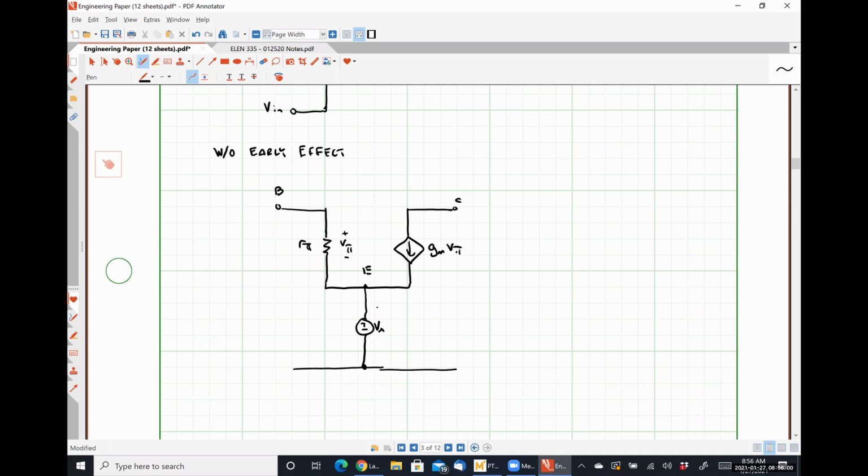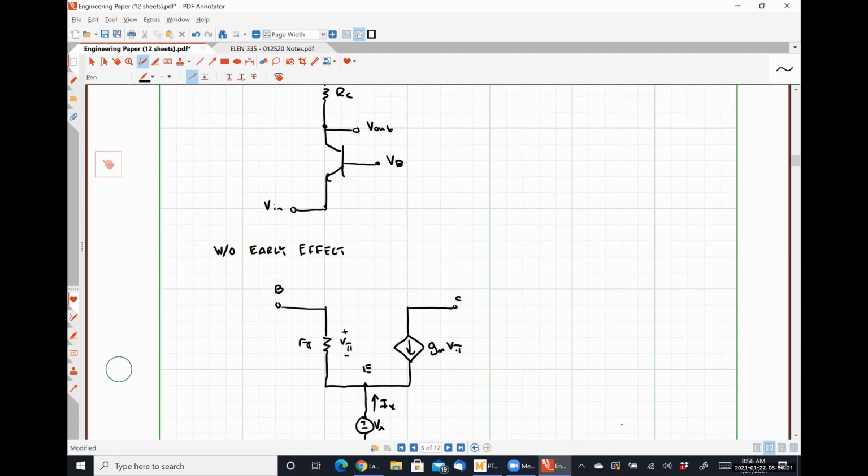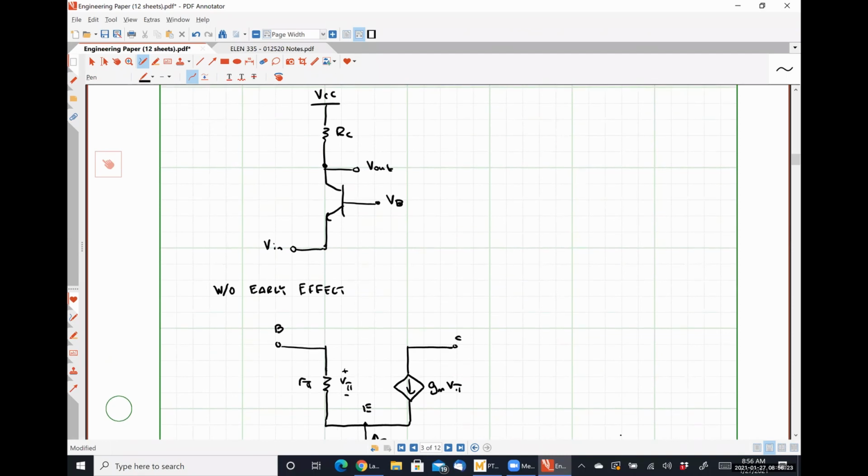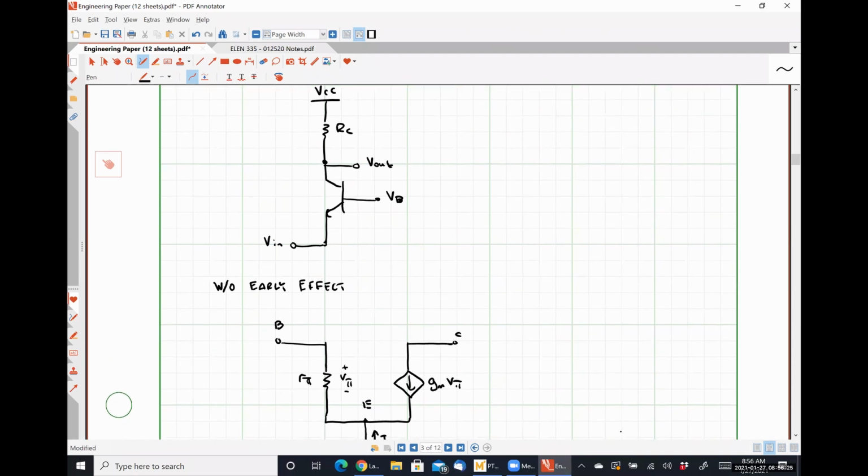And I'm trying to determine this current Ix, which is obviously just negative the emitter current that we would consider. So I do not yet have my collector resistance in play here.